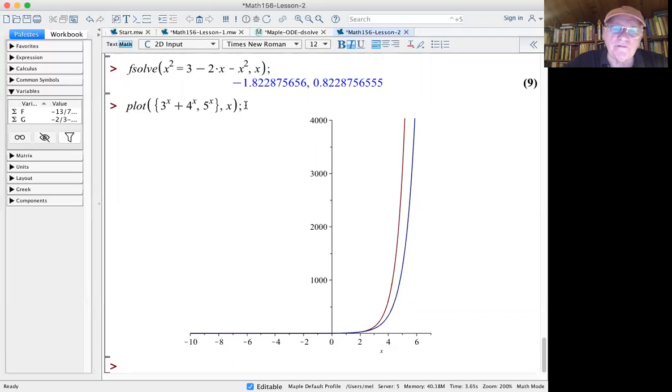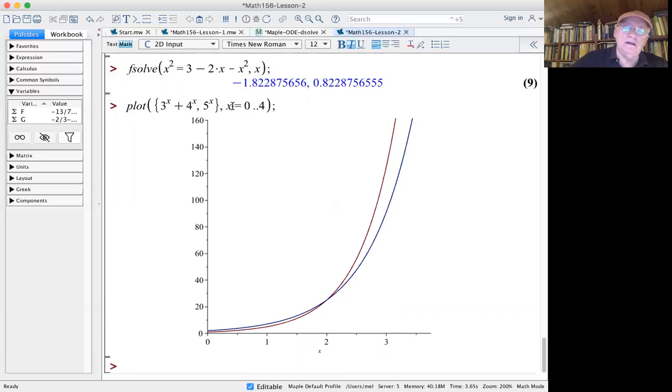Suppose I want to graph these two curves maybe from x equals 0 to 4. This is interesting. So they cross right there.